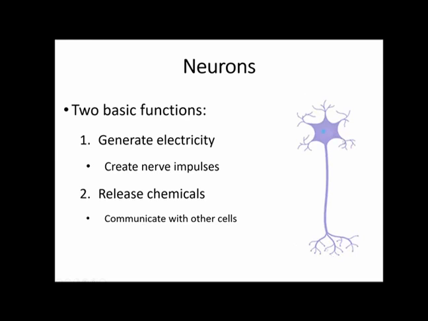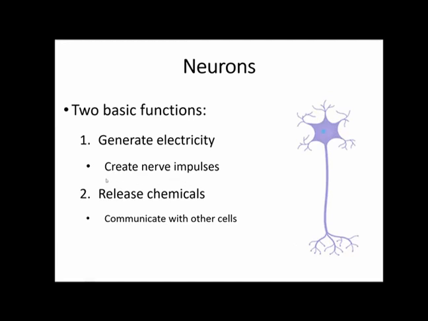But if this neuron wants to talk to another neuron, if it's going to send a signal from these axon terminals to the dendrites of the next neuron in the chain, then it actually uses something other than that electrical signal. It'll switch over and actually use chemical signals.